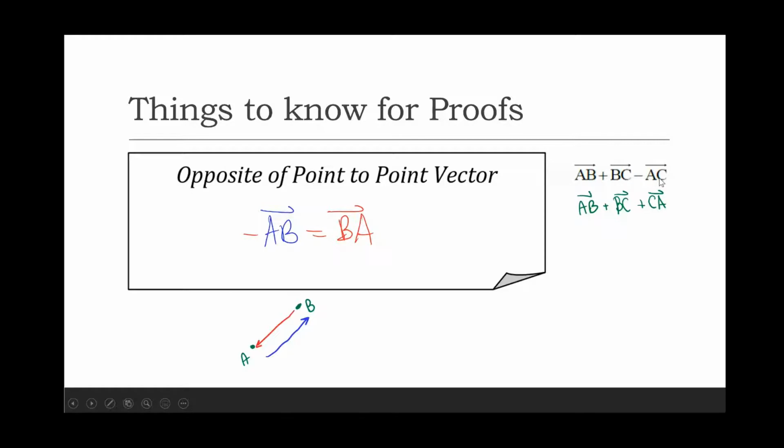So swap the order of A and C and change the minus to a plus. This then allows you to collapse these two together to say this is just BA. Adding with AB before that, you can collapse that even further and say this is point A back to itself, which means you haven't moved, or you have vector 0 in the end. So it is sometimes useful to be able to swap the order of the letters and change a positive to a negative or vice versa.